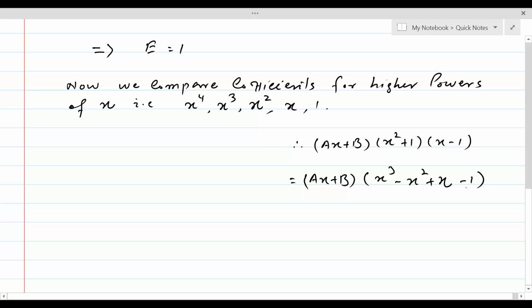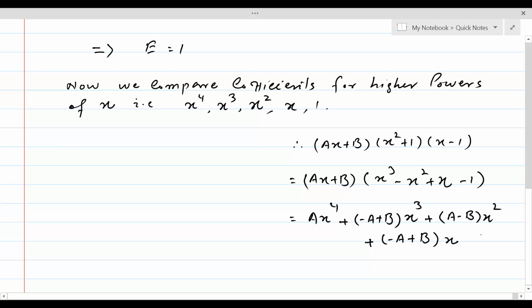And now when we multiply it, this becomes ax⁴ + (−a + b)x³ + (a − b)x² + (−a + b)x, and then −b at the end.